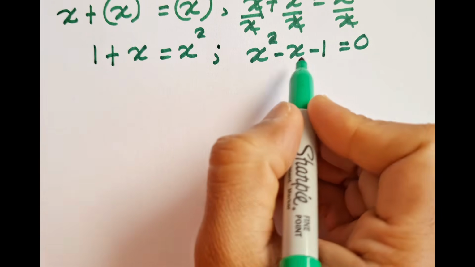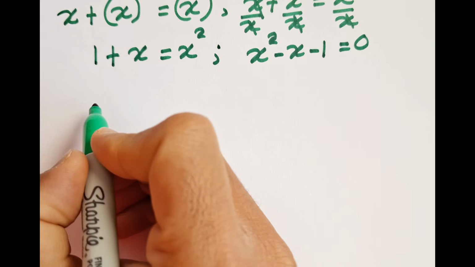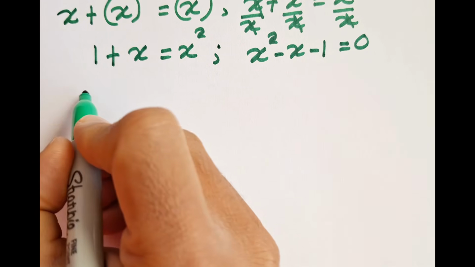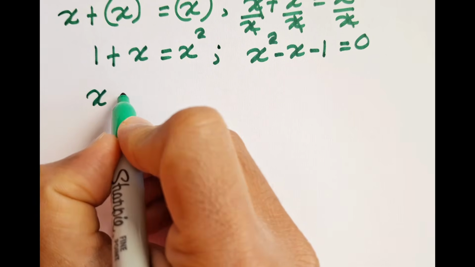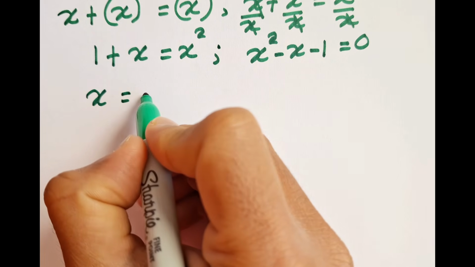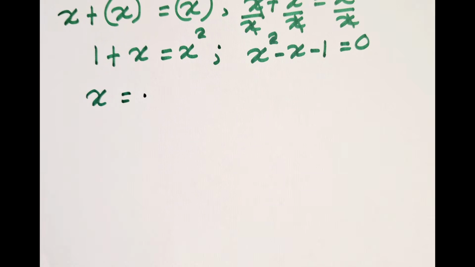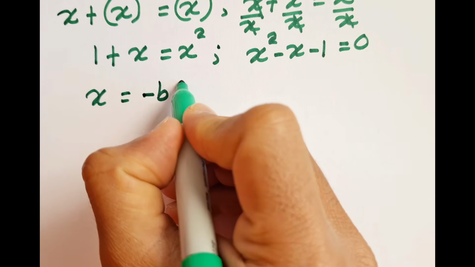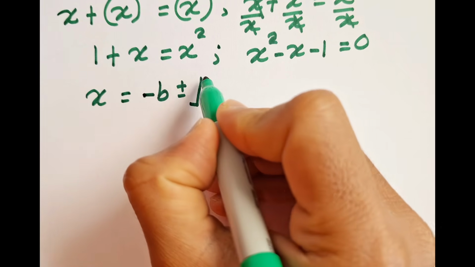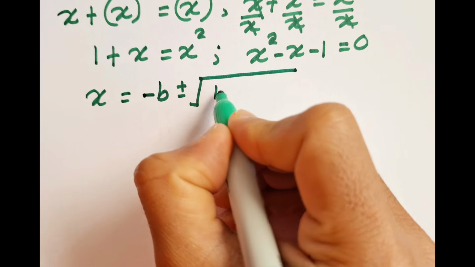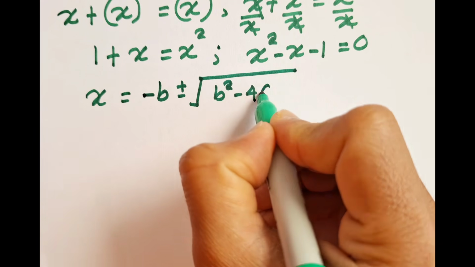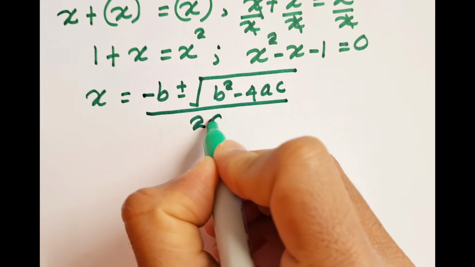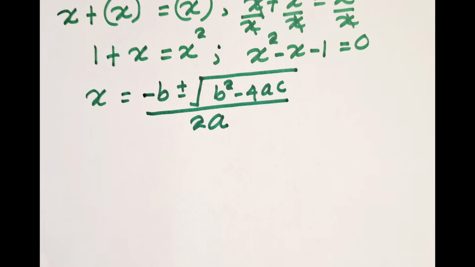Now I am going to solve this quadratic equation. To find the roots of the equation, I am going to use the common formula, which is x equals minus b plus or minus square root of b squared minus 4 times a times c, divided by 2 times a.